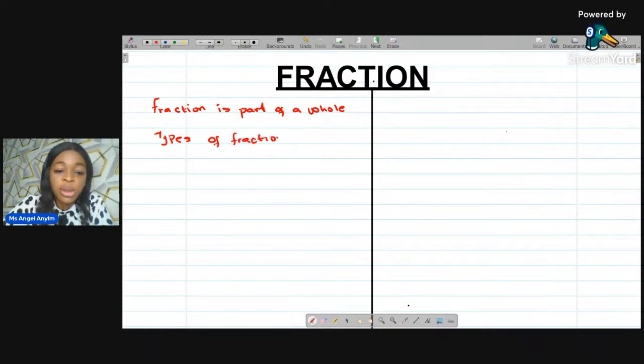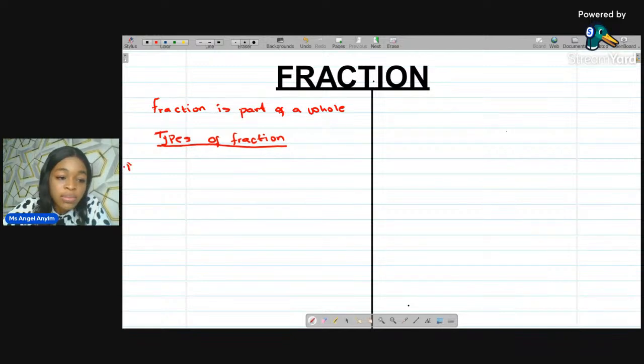I want to make sure that I start from the very basics of it. When we talk of the types of fractions, we have three basic types of fraction.